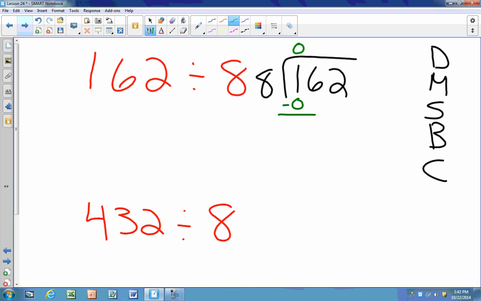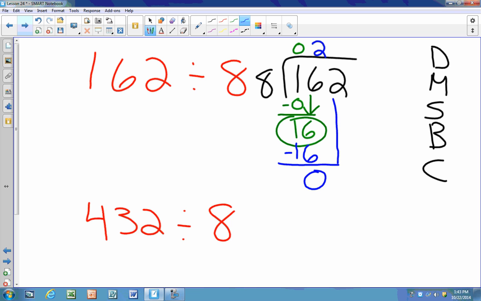I subtract. 1 minus 0 is 1. I bring down the 6, and I circle that. And now I ask myself, how many times can 8 go into 16? 8 can go into 16 2 times. And then I ask myself, 2 times 8 is what? It is 16. I subtract 16 minus 16 is 0. I bring down my next number, and I circle it.